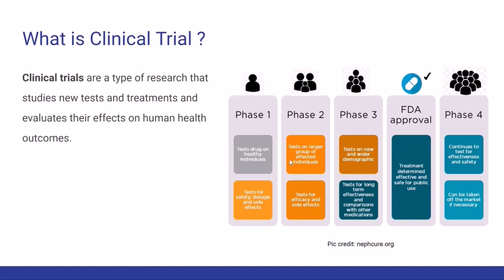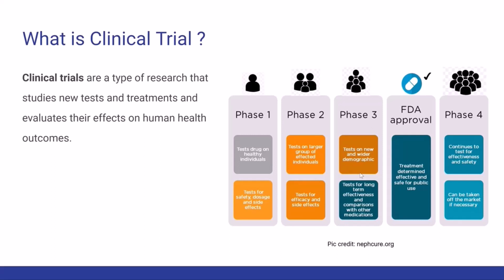Okay. And then from there you go to phase 2, which is a test on a larger group of selected individuals. Here you're more about safety and dosage, right? Side effects. Now you're starting to look at efficacy. Now it's a larger group. Do I have a good sense of whether this thing actually works, right? And then if those two phases go well, then you do a big trial. Phase 3 is the big one, okay, where you could have hundreds of patients.